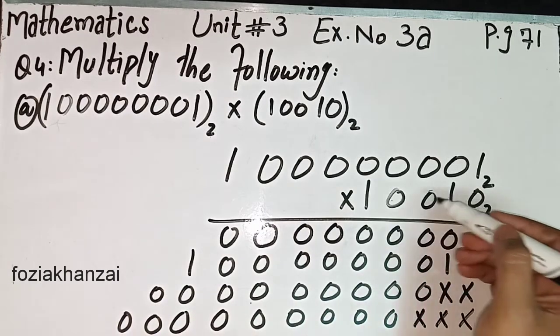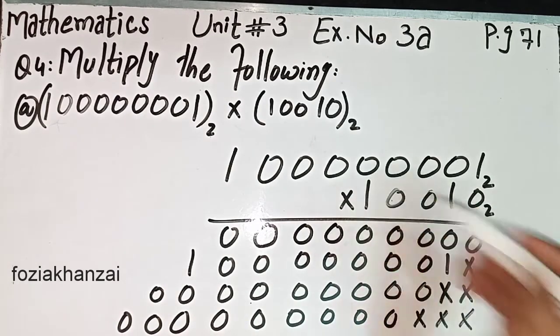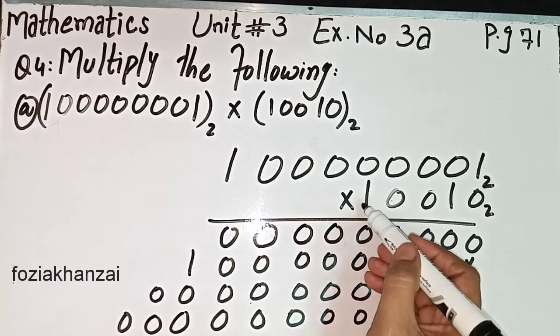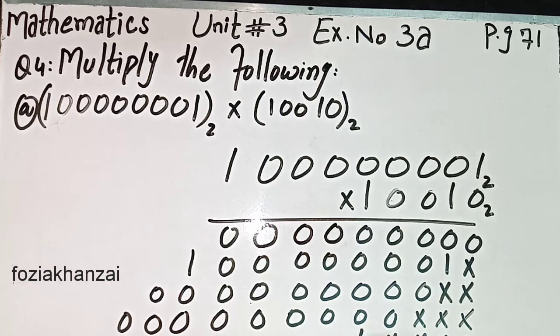Now first, second, third, fourth step, fifth one. So we put over here 4 crosses. It's the last step. 1 multiplied by 1, 1 1s are 1, 1 0s are 0, 1 0s are 0, 1 0s are 0, 1 0s are 0, 1 1s are 1.